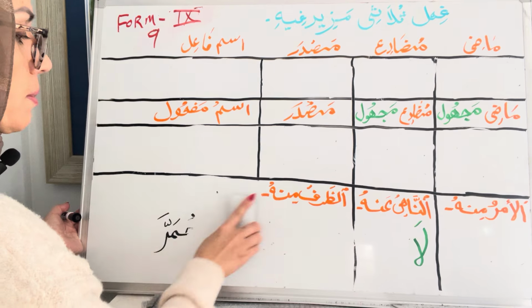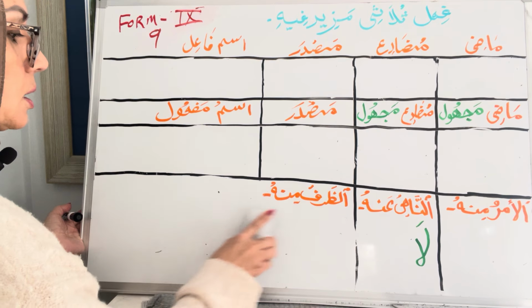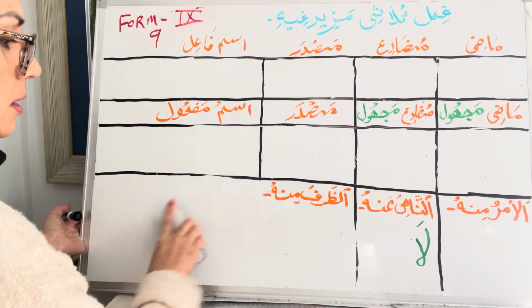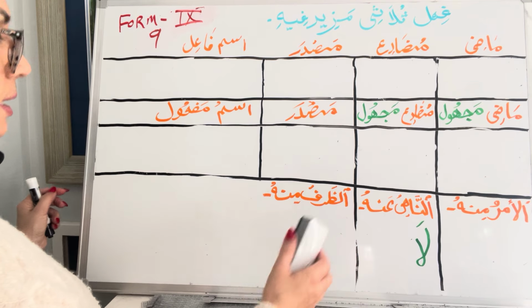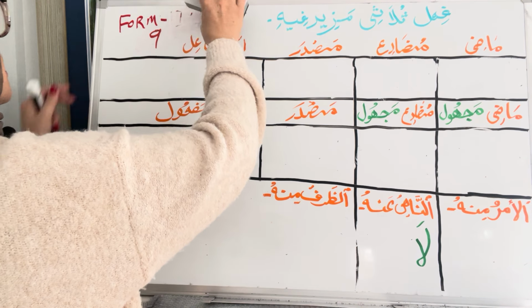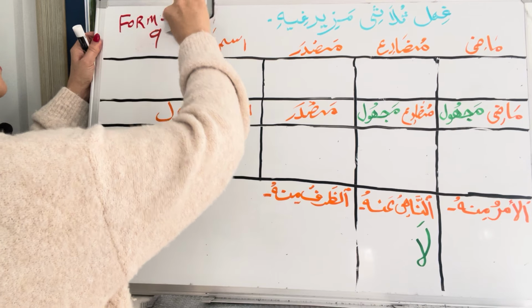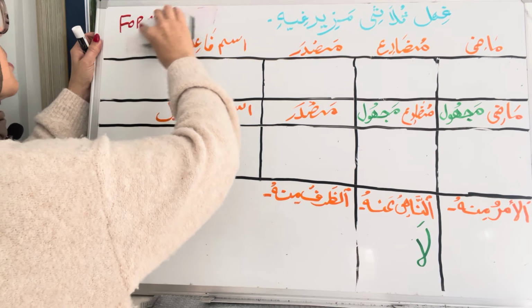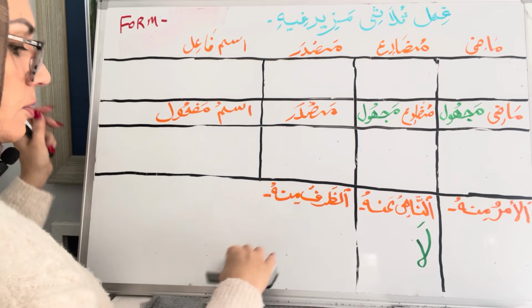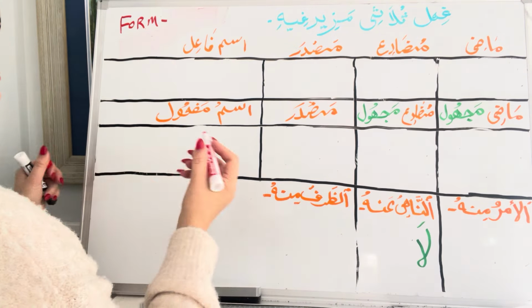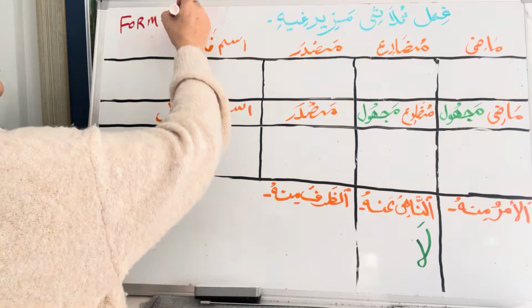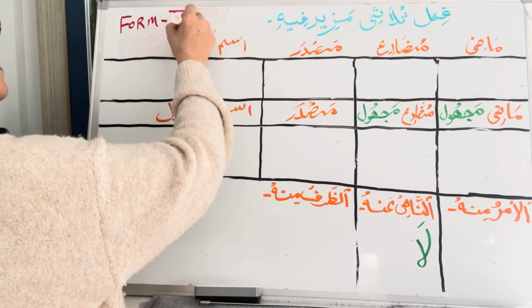Just know that Form 9 deals with colors and body defects. So we're just going to leave it at that because that's not the focus of our lesson, which is focusing on the understanding of the Quran, inshallah. So the last form we have is, excuse me, Form 10.